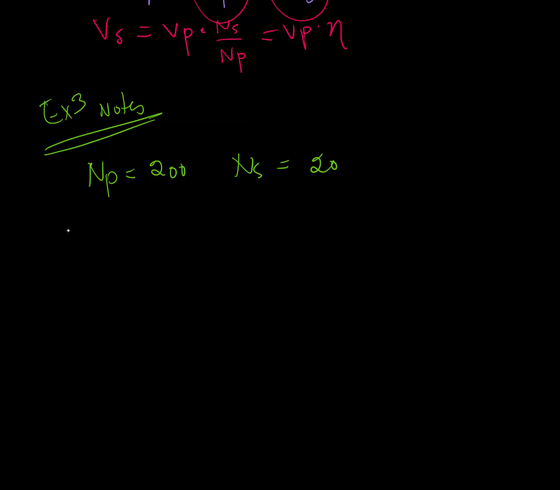And the primary is connected to 120 volts AC, so I know VP is 120 volts AC. I know that the load resistor, RL, is 100 ohms connected to the secondary. And the question is, what is IP and what is IS? So what are the currents?